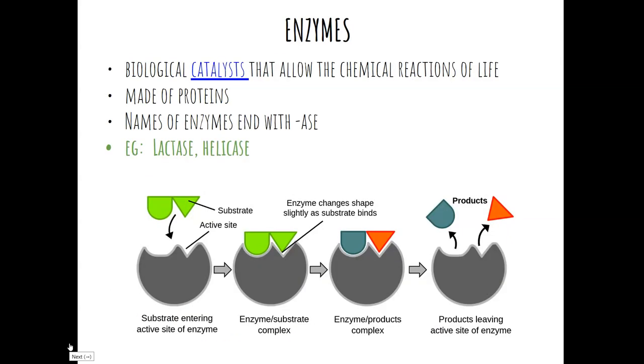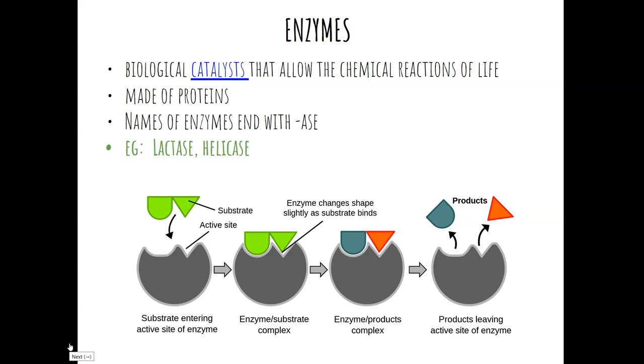What is an enzyme? It's a biological catalyst that promotes chemical reactions. A catalyst is something that reduces the activation energy and allows a chemical reaction to proceed. In your body, every single one of your chemical reactions is mediated by an enzyme, and that enzyme is specific to the chemical reaction.